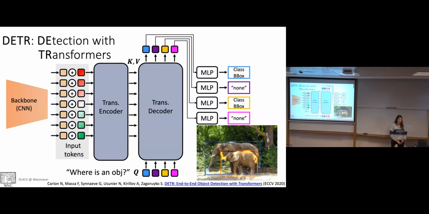Because they have 100, they're limited to only 100 objects in an image, but I think that is pretty enough. Okay, so we're going to see how each one of the components here is affecting and what they learn.